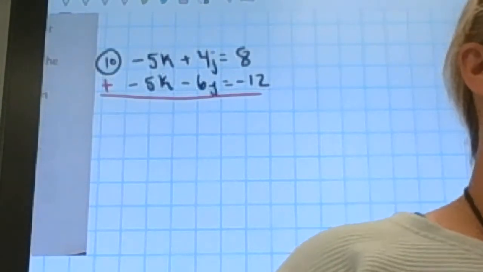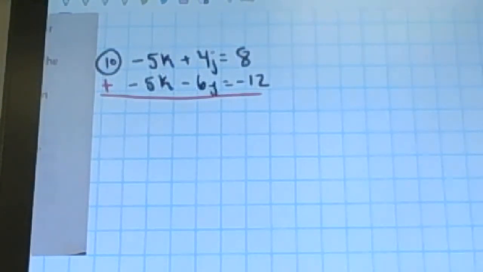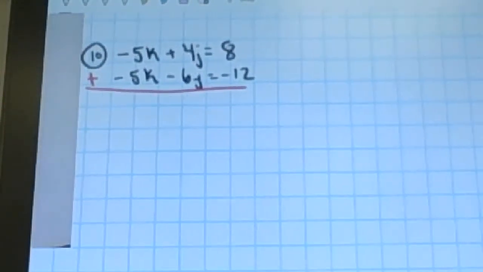Divide? No, we're not going to divide. How do we make opposites? Johnny, how do we make opposites? How do we make opposites? Sarah, how do we make opposites?